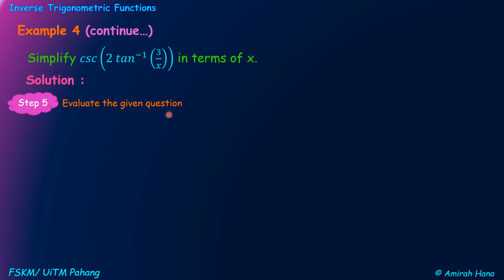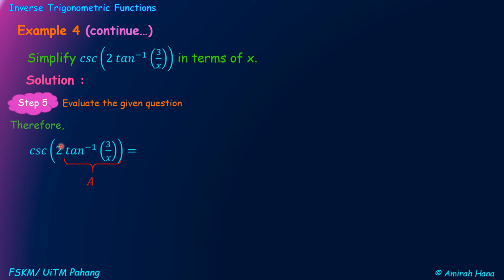Evaluate the given question. The given question is cosec 2 inverse tangent 3 over x. From step 1, we let inverse tangent 3 over x equal to A. So now we can write cosec 2A.